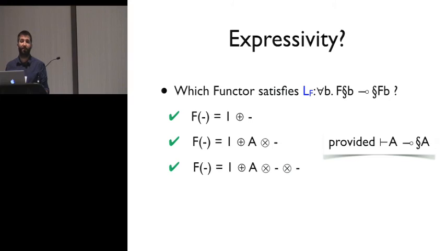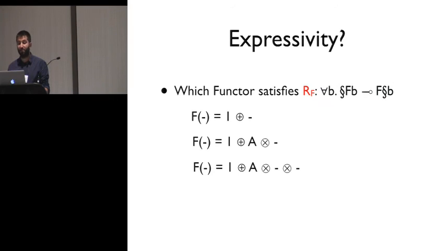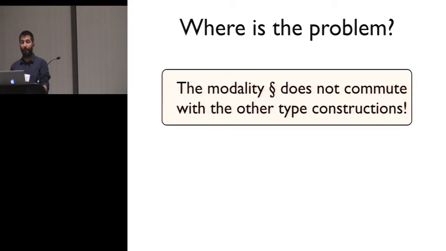So in particular, this means that we have all the inductive types we usually want. But the bad news is that if we look at the right distributivity, this fails everywhere. So in particular, we cannot push this paragraph inside. And this is the problem: the modality paragraph does not commute with the other type constructors.